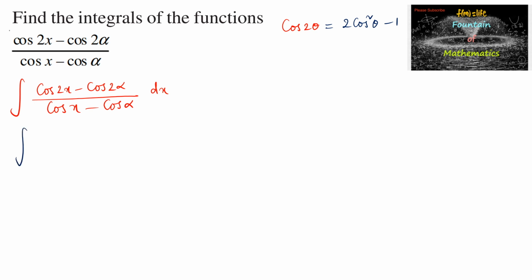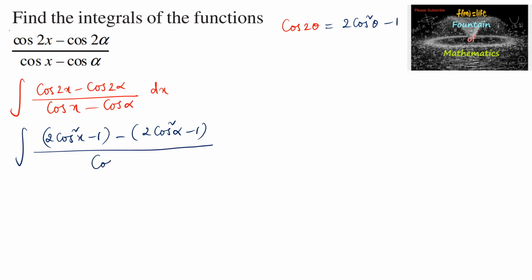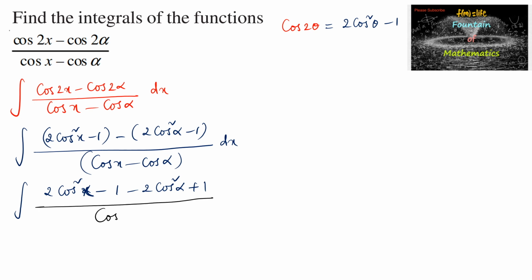Cos 2x is 2 cos square x minus 1, minus cos 2 alpha, we can write (2 cos square alpha minus 1), upon cos x minus cos alpha dx. So here we can write 2 cos square x minus 1, minus 2 cos square alpha, plus 1, divided by cos x minus cos alpha dx.